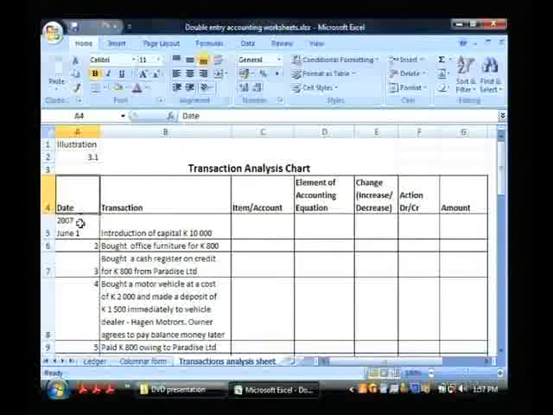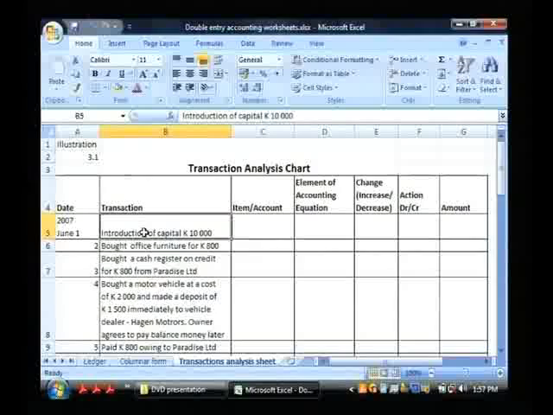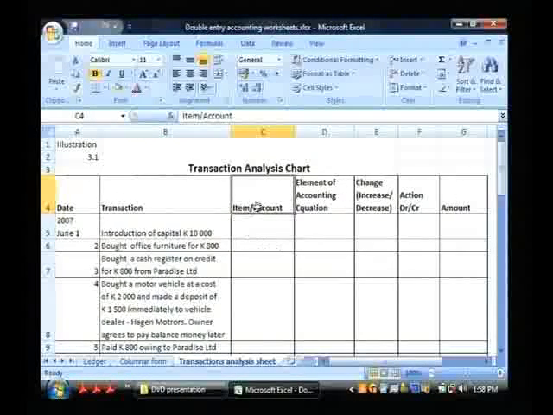The date column is to record the date and the transaction column is to record the transaction. I have already recorded these for you to save time, and now we will complete the balance of the transaction analysis chart.